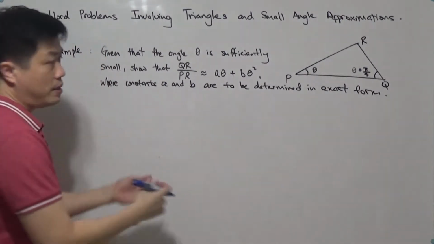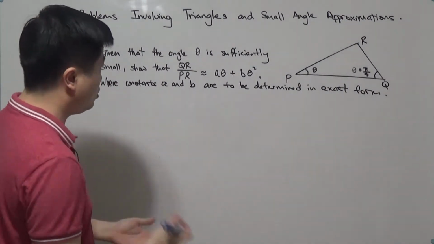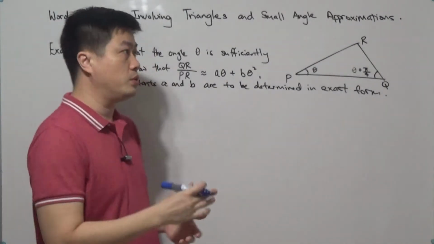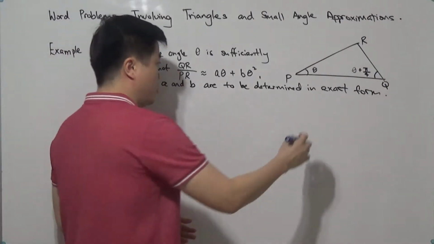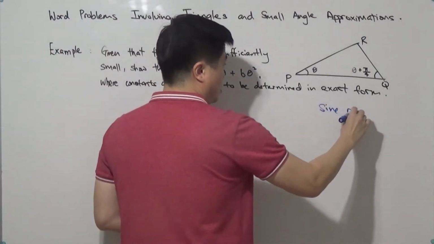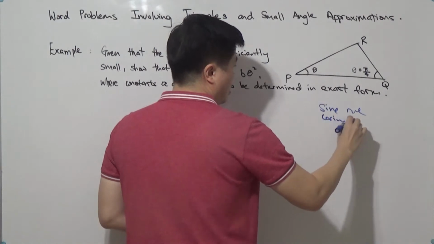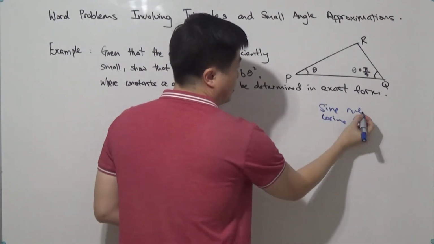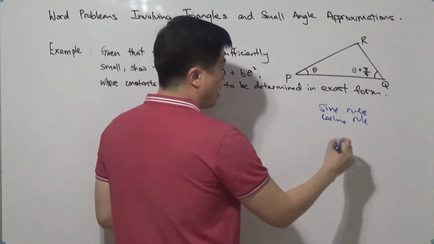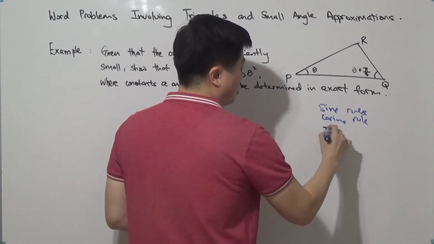So remember that in step 1, we need to use either sine rule, cosine rule, or if we have a right angle triangle, then we will be thinking about the trigonometric ratios.